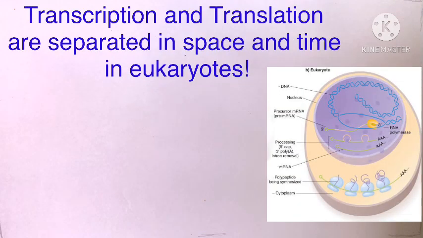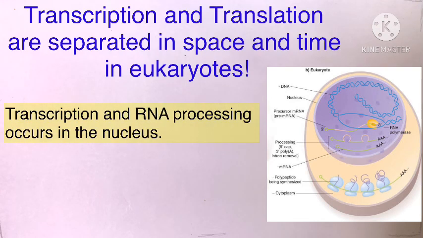On the contrary, transcription and translation are separated in time and space in eukaryotes. Perhaps you can think of the reason why it is so. Eukaryotes, as we know, possess a distinct nuclear membrane, and so transcription occurs inside the nucleus. The resultant primary transcript in eukaryotes, however, is an interrupted pre-mRNA.